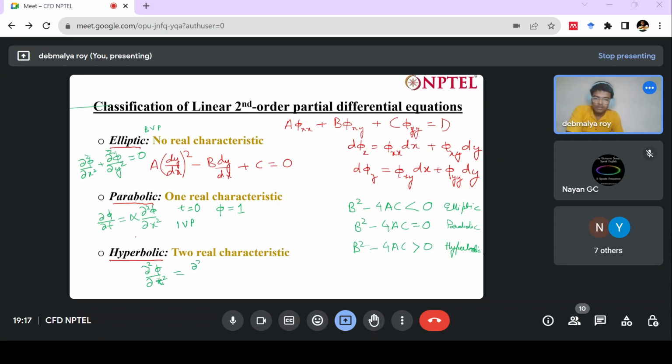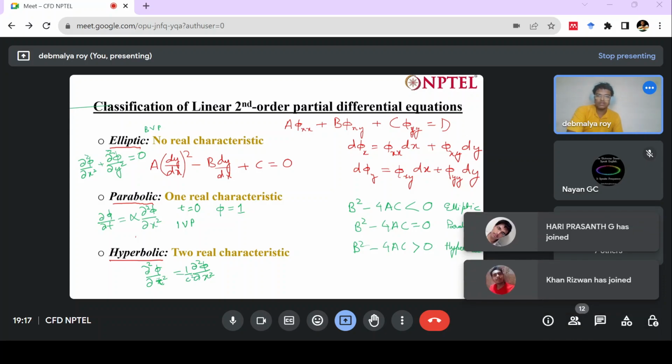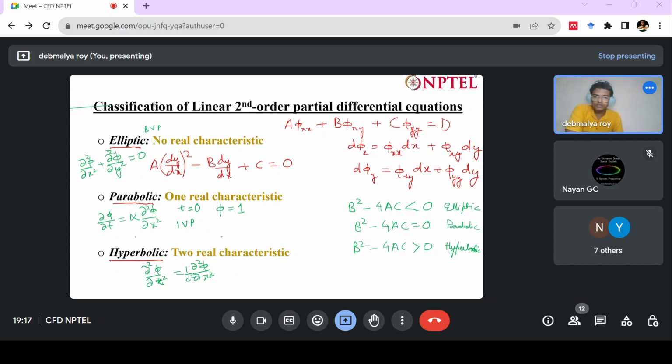So this is the one dimensional wave equation. You can put some constant. Here we have previously also discussed that the information across the space will travel at a finite speed, which is defined by this coefficient.